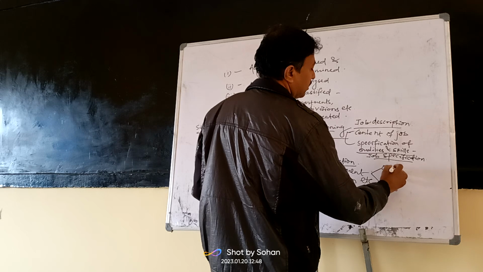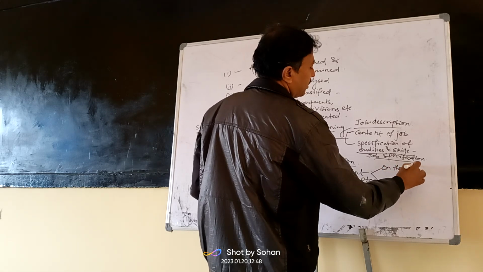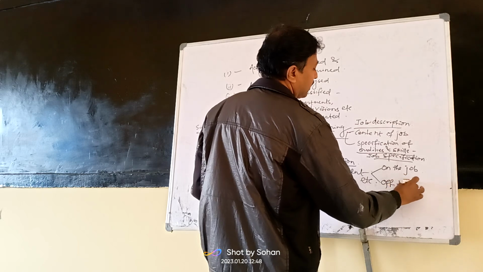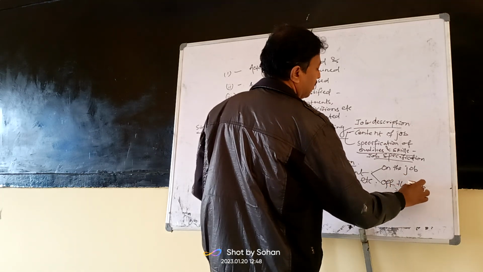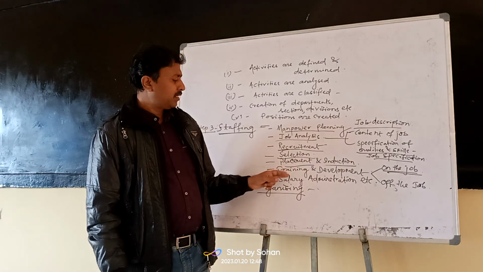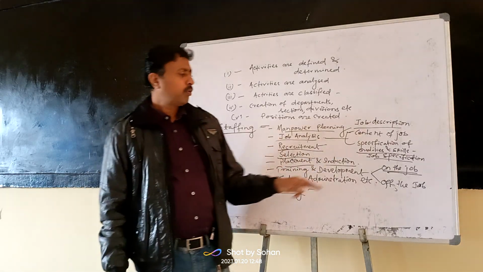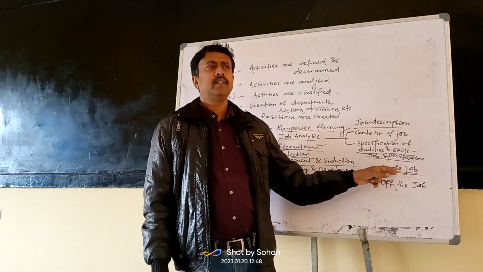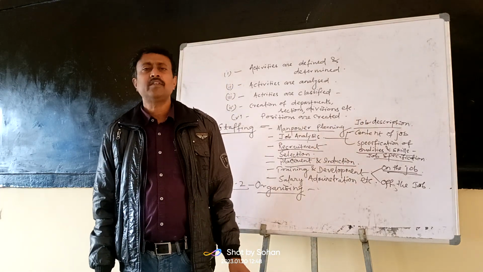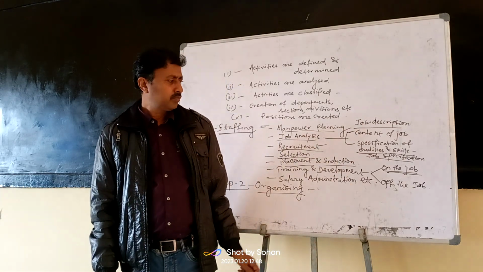on-the-job training and off-the-job training. On-the-job means training is imparted to an employee while he is working in a real job situation. So there are different methods of on-the-job training.